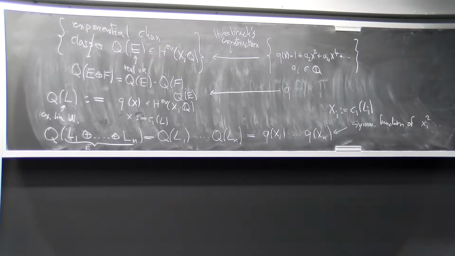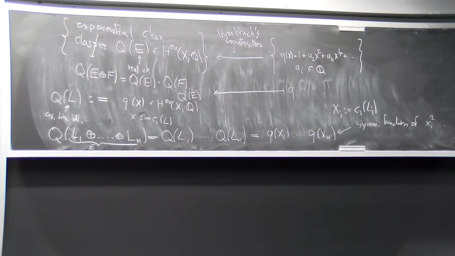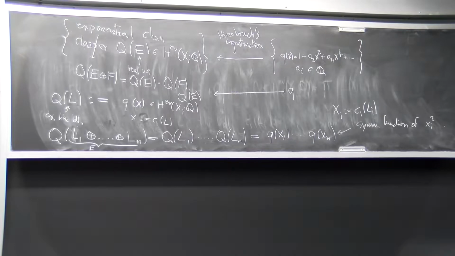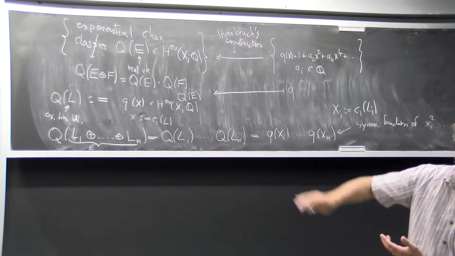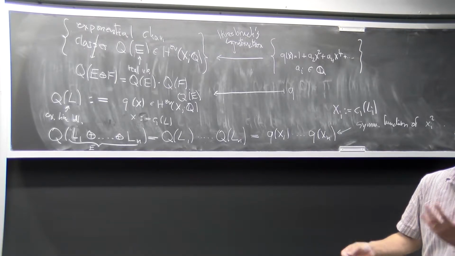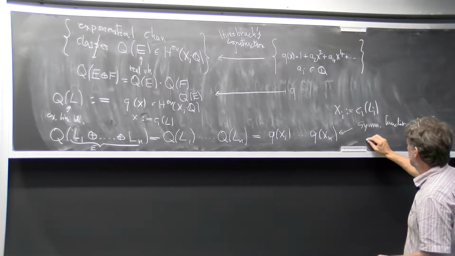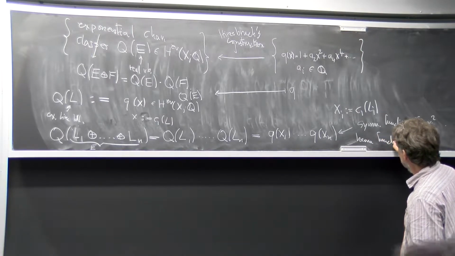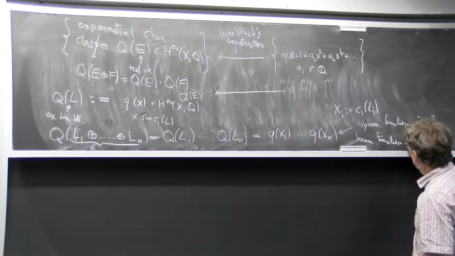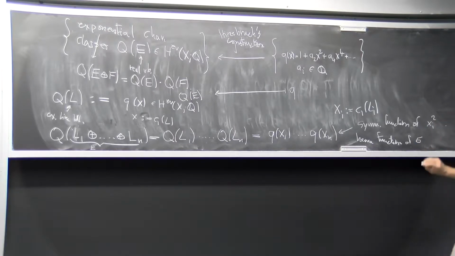But if it's symmetric, then it can be expressed as a function of the elementary symmetric functions of the xi squares. But these were the Pontryagin classes of the bundle we started with. So, hence, a function of the elementary symmetric functions in these, which is the ith Pontryagin class of the original bundle.